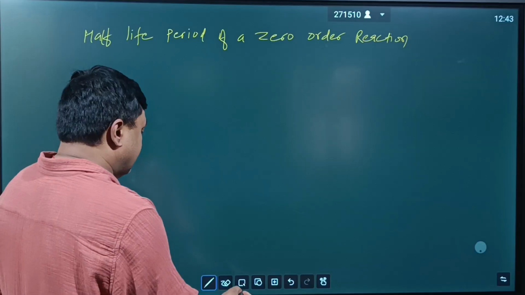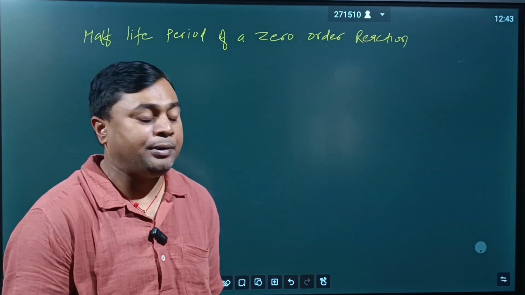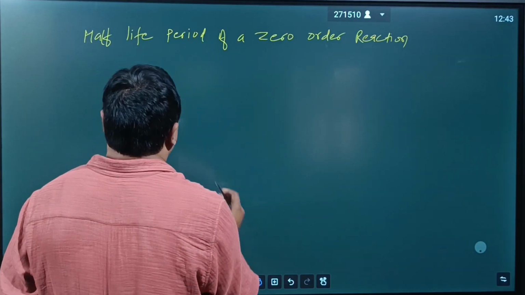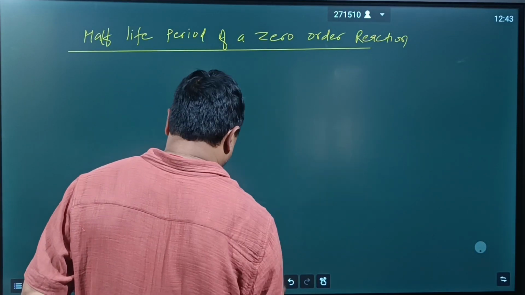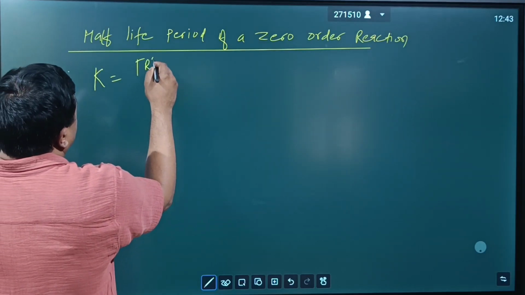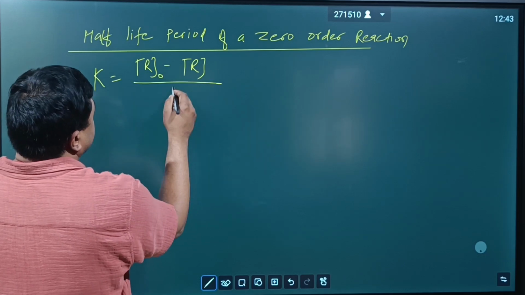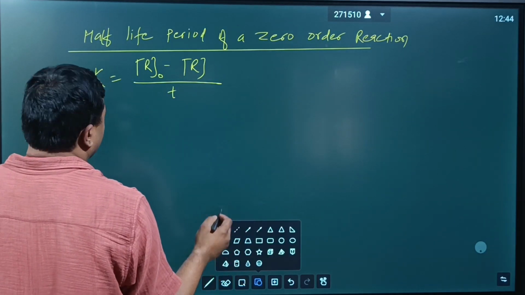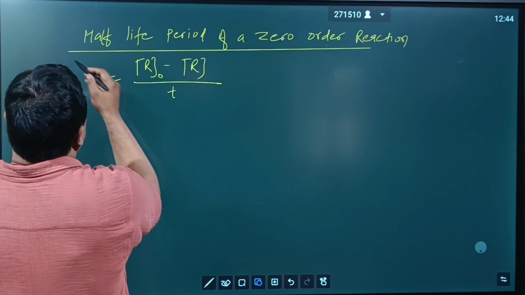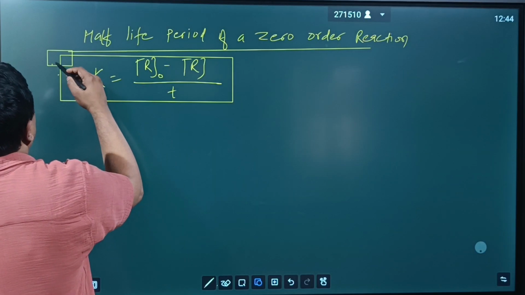We can say the time duration when the concentration of reactant is reduced to 50%. That is the T half definition. Since we know that K is equal to R naught minus R by T, this is the derivation we just did, what we learnt.